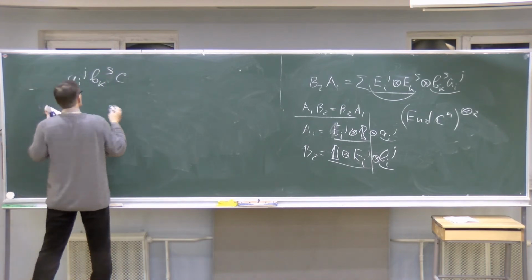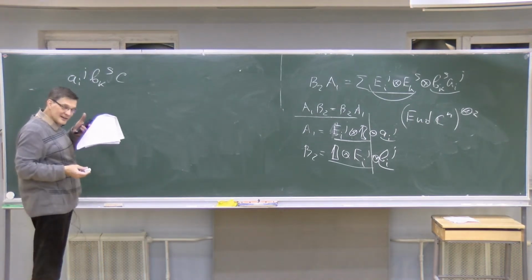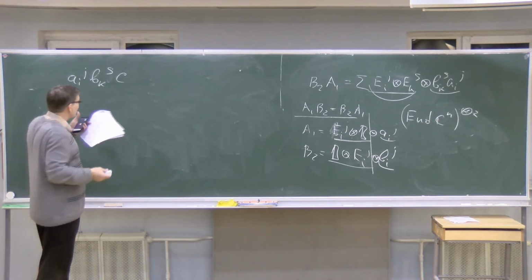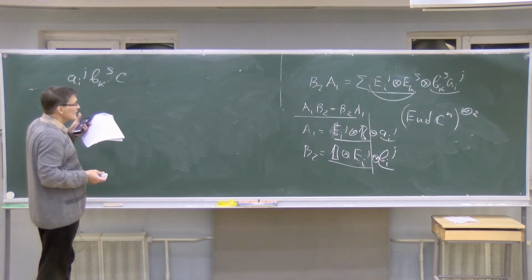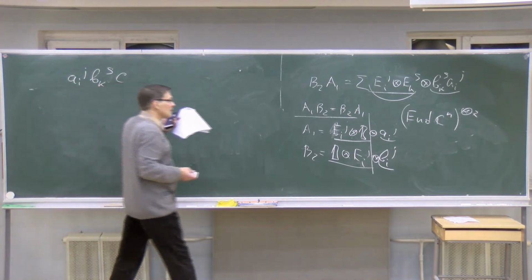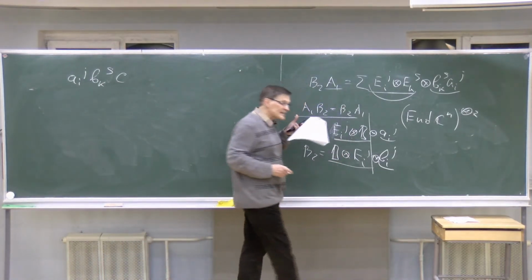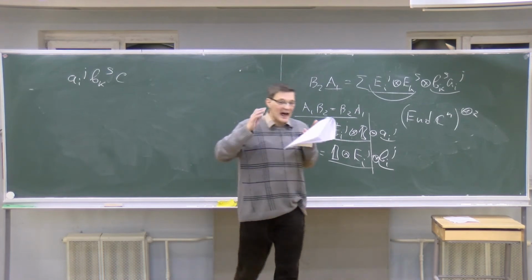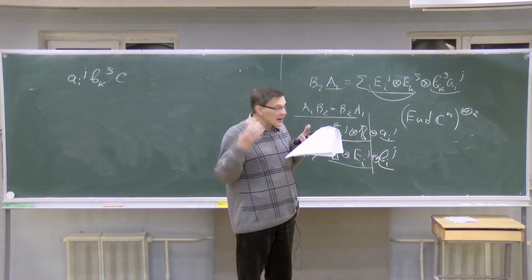Pardon? Can I ask a question? Yes, of course. So A1 and B2 act on defined spaces. A1 acts on the first space and B2 acts on the second space. These elements do not act anywhere. This is just an algebra.